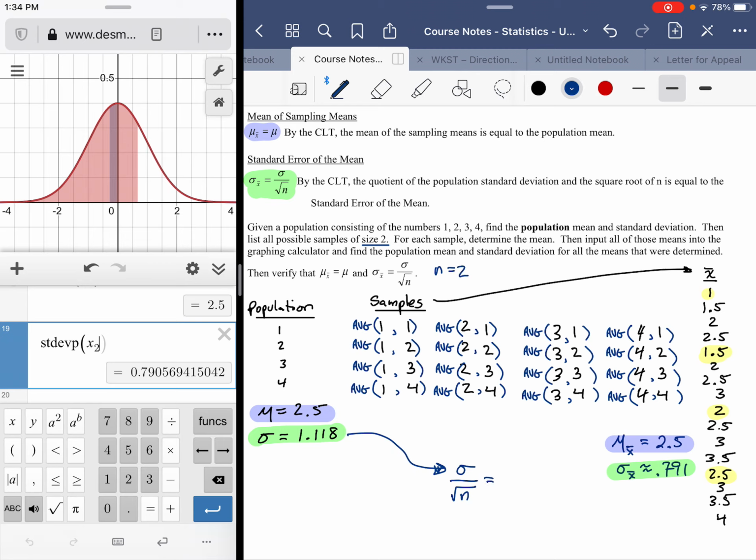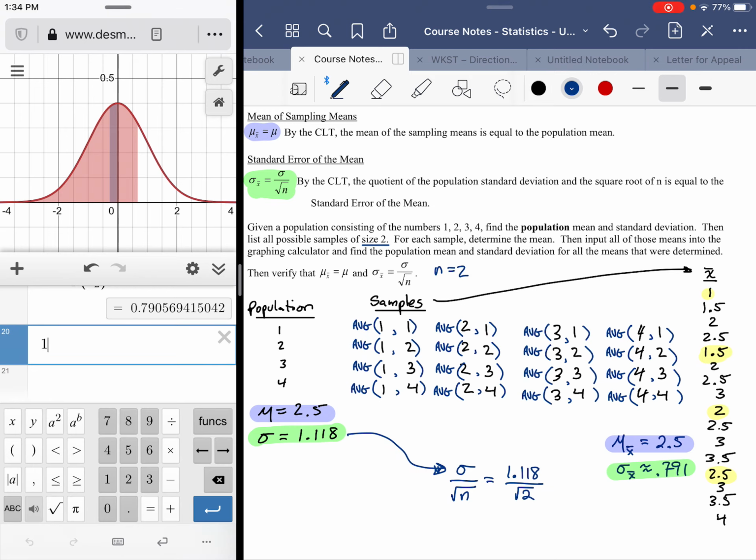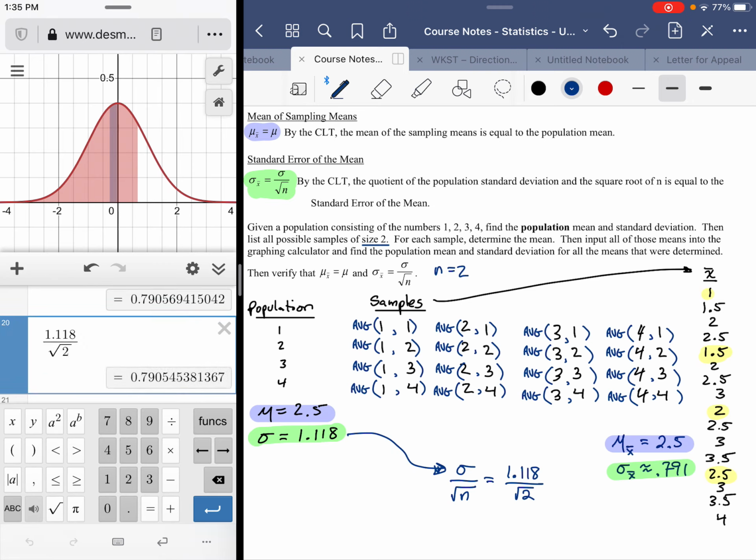So sigma over the square root of n should be about 1.118 over the square root of 2. Et voila. 0.791.